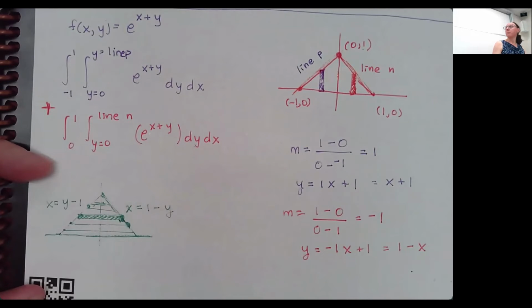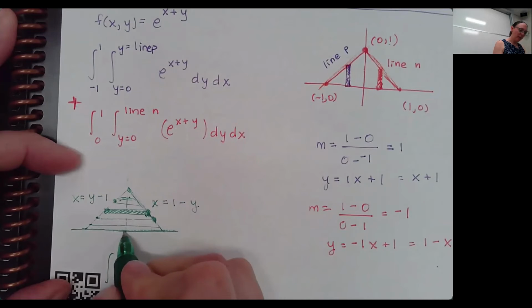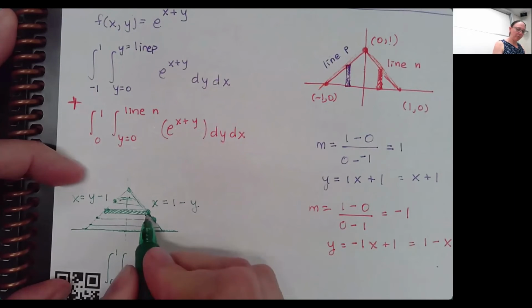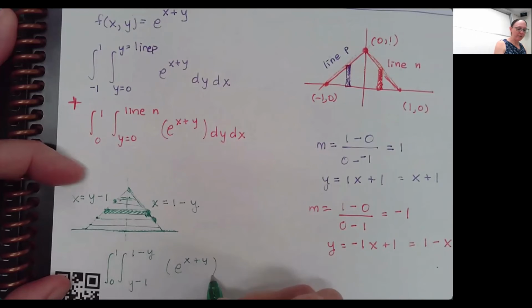And then you integrate those. And so if we did it this way, my outer limits would be the y values at the bottom and the top, and my inside limits would go, I'd have my left-hand side at the bottom, my right-hand side at the top, e to the x plus y, dx, dy.